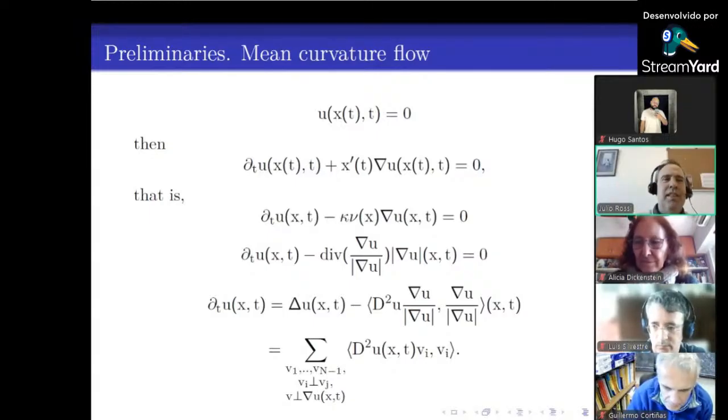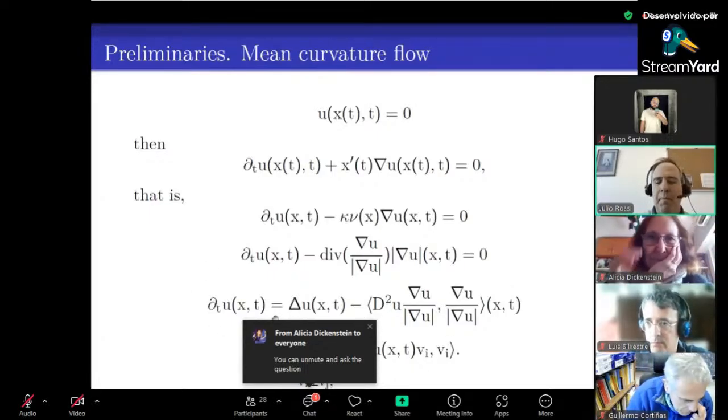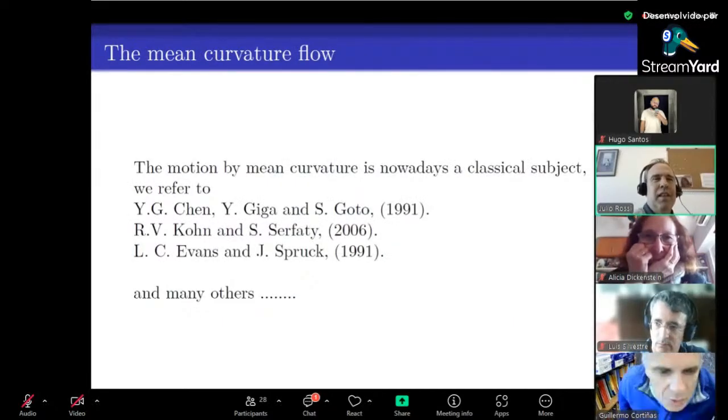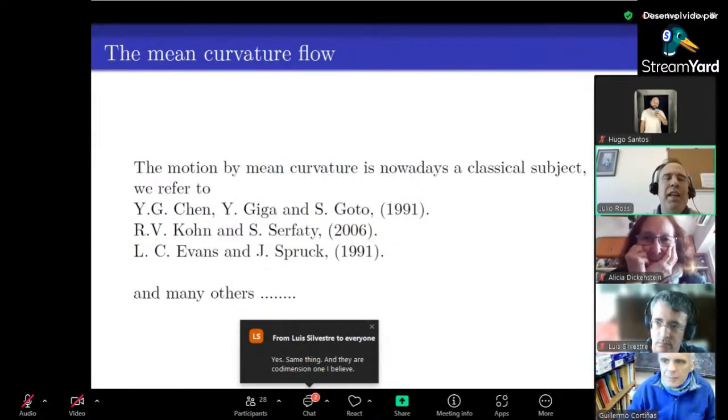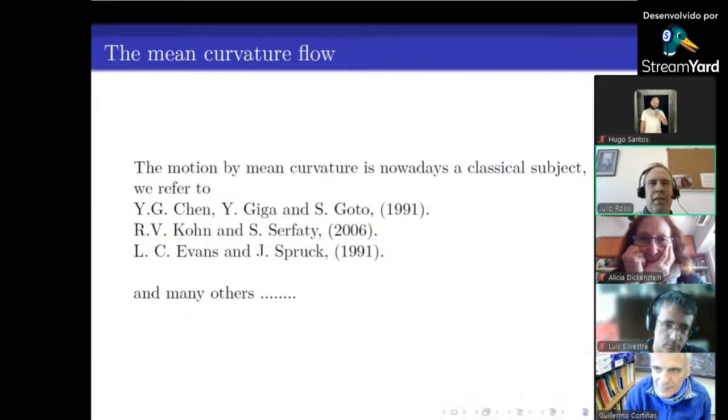So this is the mean curvature equation as was proposed by Evans and Spruck and was studied by many people. Among them, I will mention these three references. And of course, there are many other people that studied this evolution equation of a surface according to this partial differential equation.